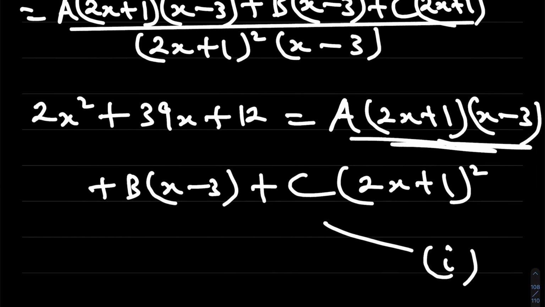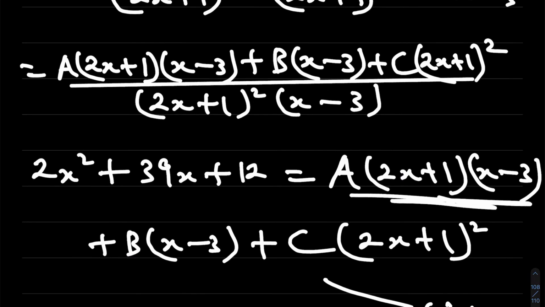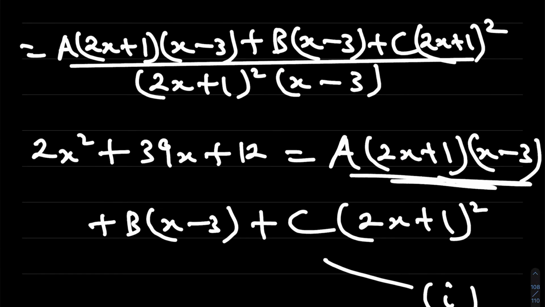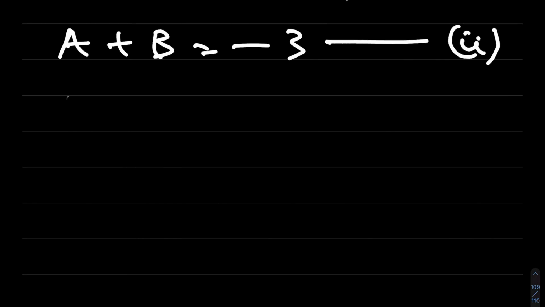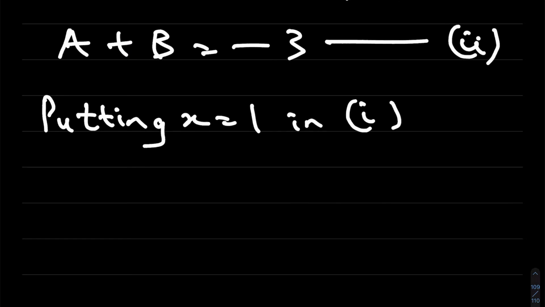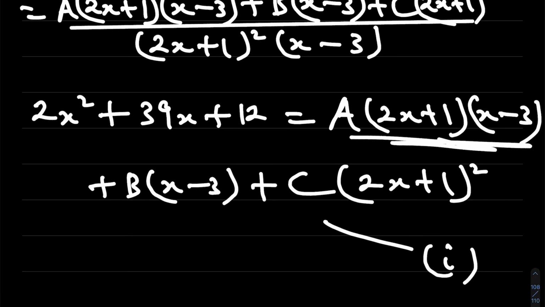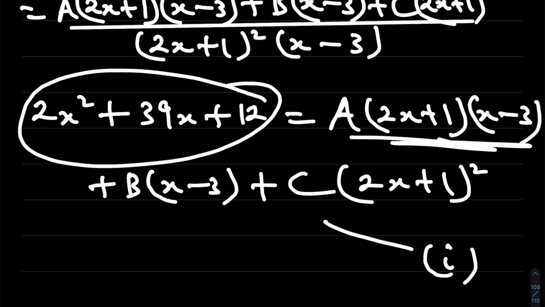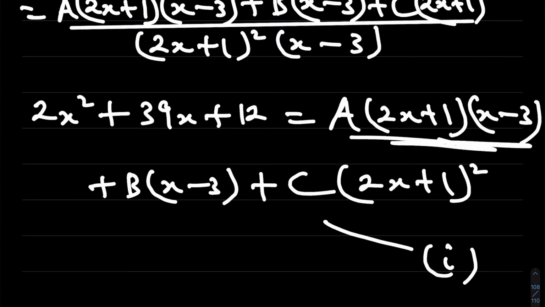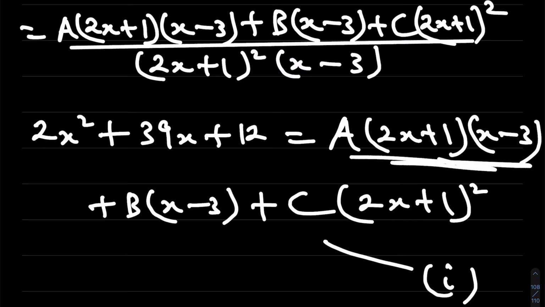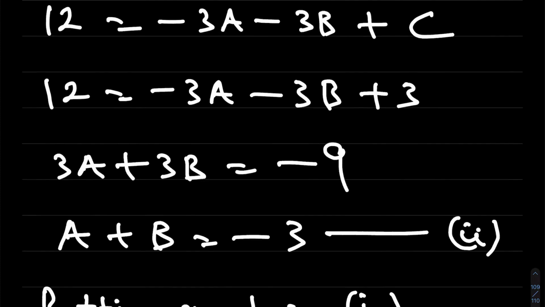Now let me put x equals 1 in equation 1. The left hand side will become 2 plus 39 plus 12, which is 41 plus 12, that's 53.